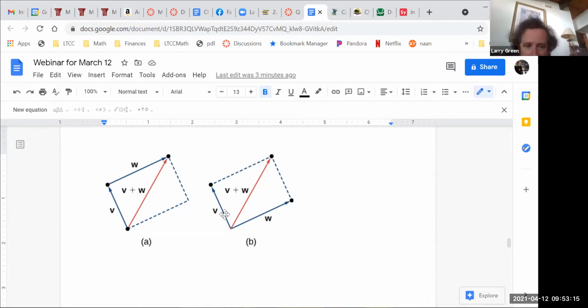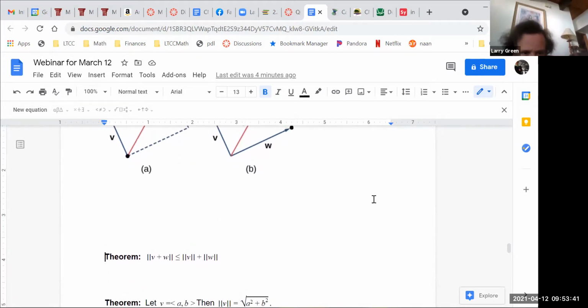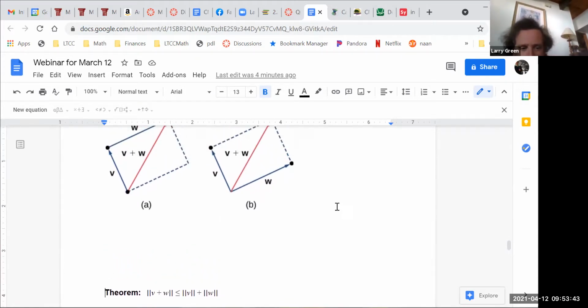So you can think of maybe V being the wind. Well, let's call it W since wind starts with a W. So V might be the engine and W is the wind. We got a very windy day. Then V plus W will be the summation of the two forces. And that's where you're going to be pushed. Any questions on this idea? Okay, well, then there is a big theorem that comes from this picture, basically.